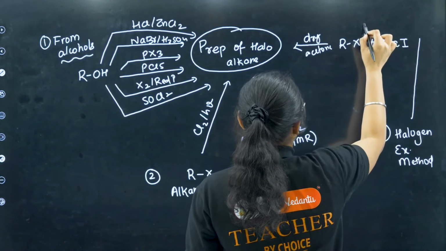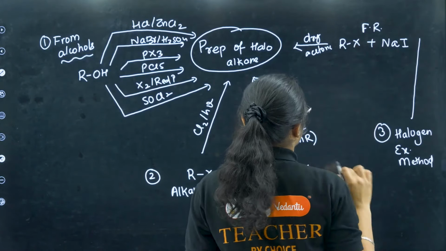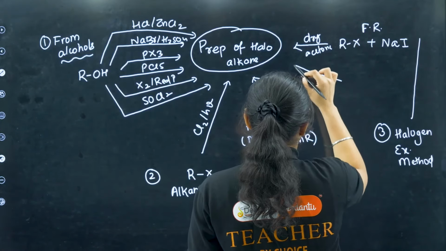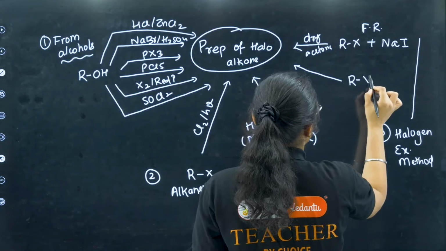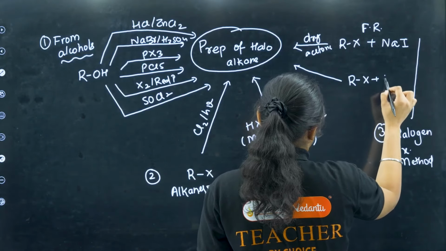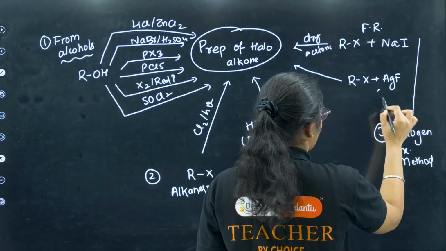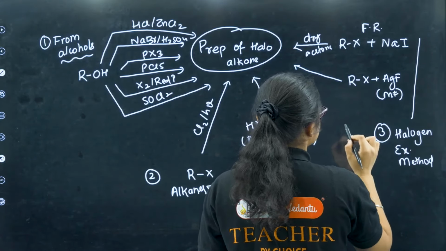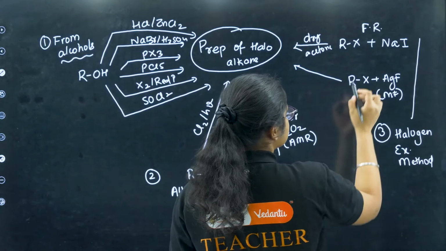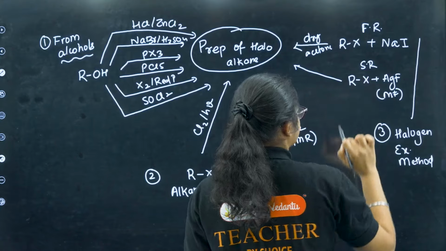So this is my Finkelstein reaction. The other one is RX plus AgF, or any other metallic fluorides you can write down, and this is called your Swarts reaction.